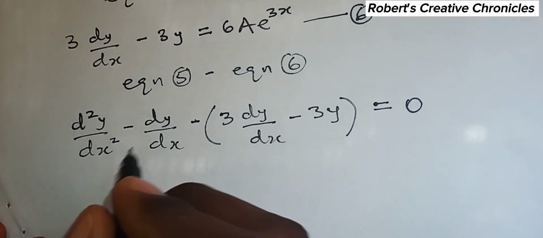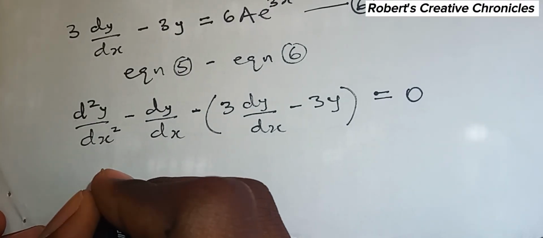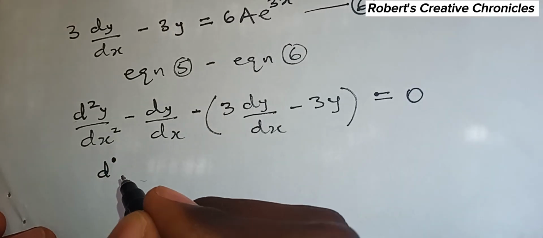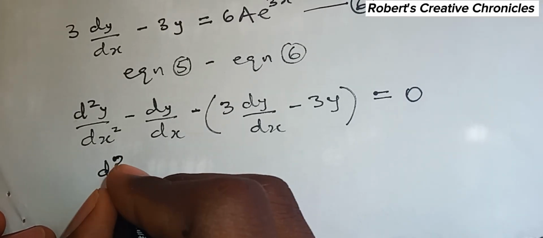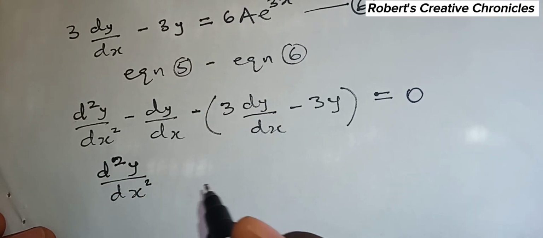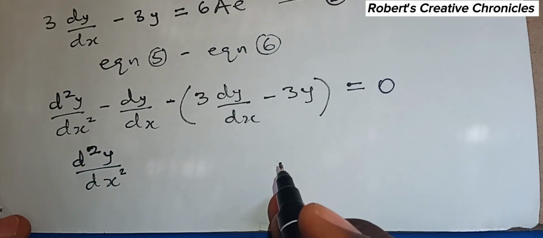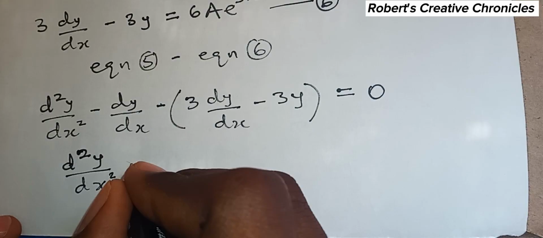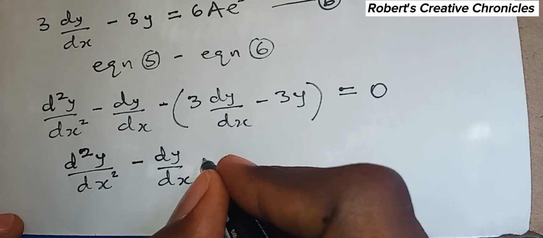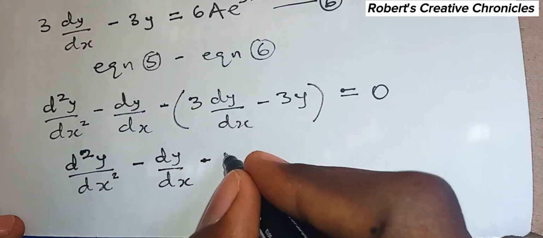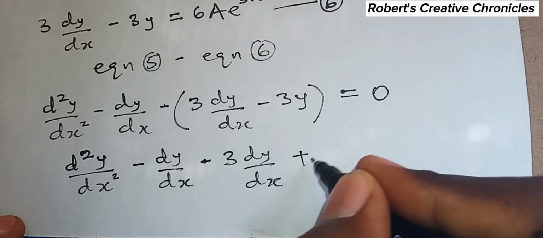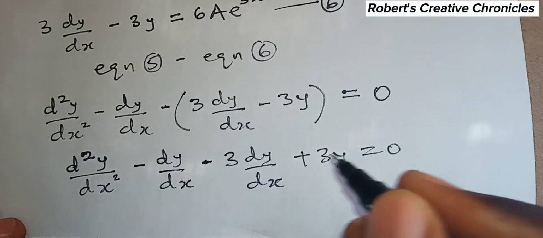So let's open the bracket: d squared y over dx squared minus dy over dx minus 3 dy over dx plus 3y equals 0.